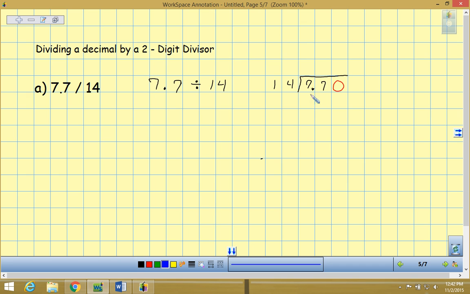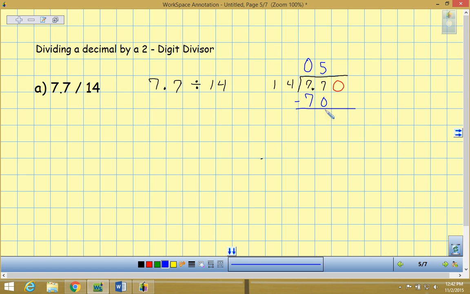So, can 14 go into 7? No, it cannot. So, I'm going to put this 0 here, just to hold that place. But how many times can it go into 77? 5. All right, and what is 5 times 14? 70. Okay.